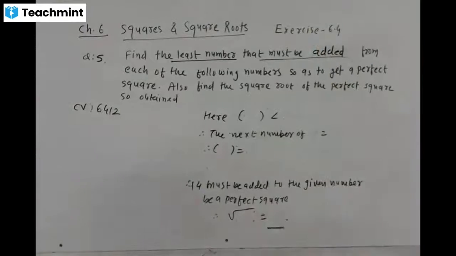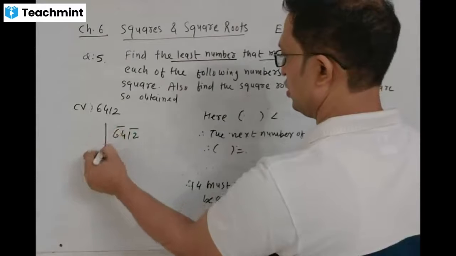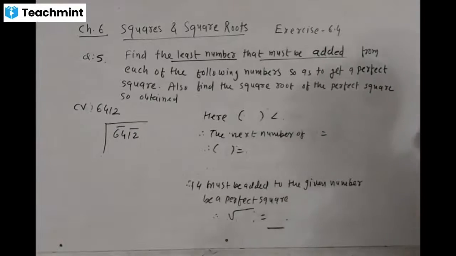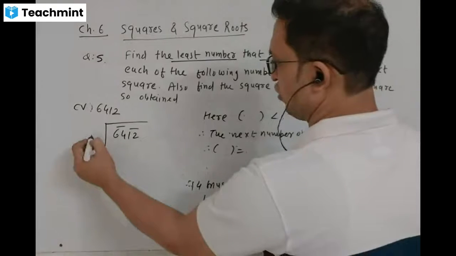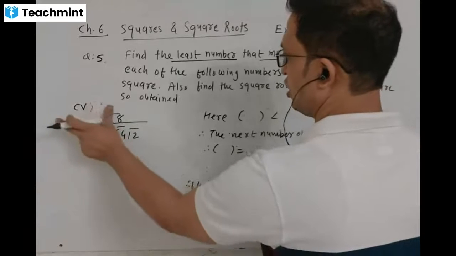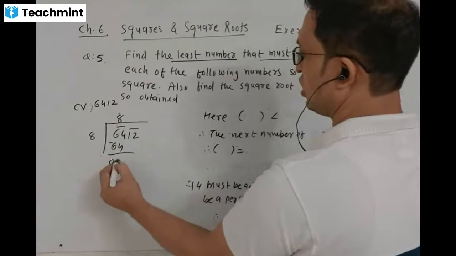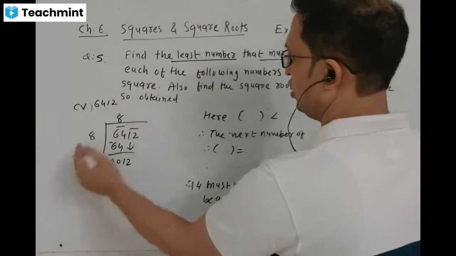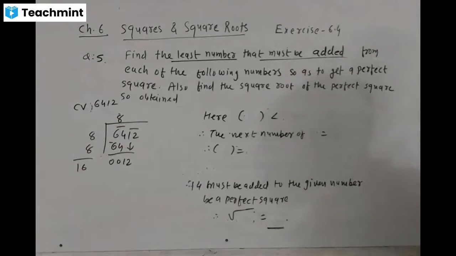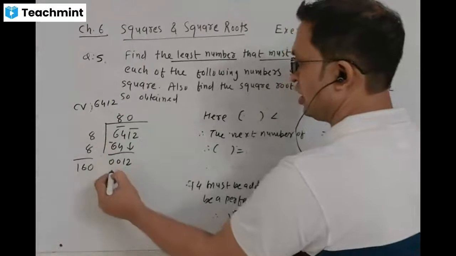Now the number is 6412. First, find the smallest perfect square number which is less than or equal to 64. 8 squared is 64. The remainder is 0. And 8 plus 8 is equal to 16. And 160 is 0.